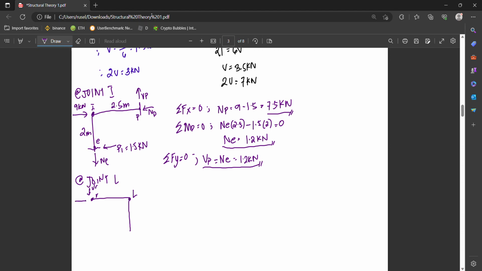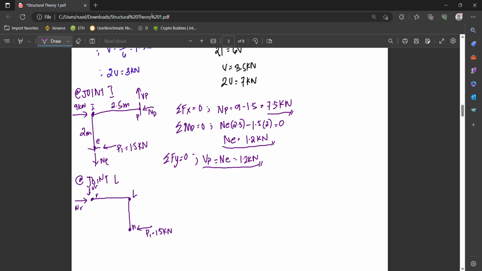Then going that way is your NR. This is your H. The P1 is now 1.5 kilonewton.